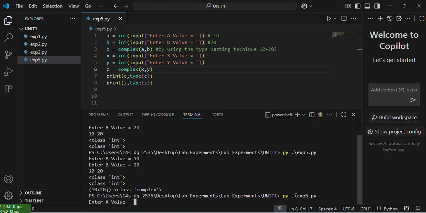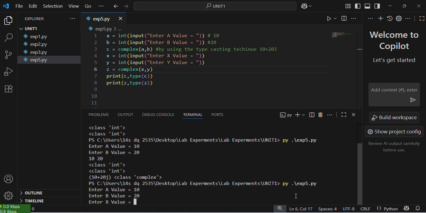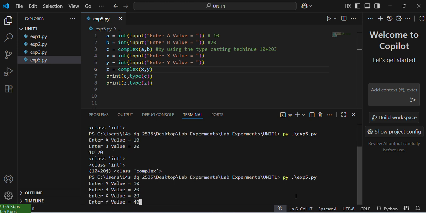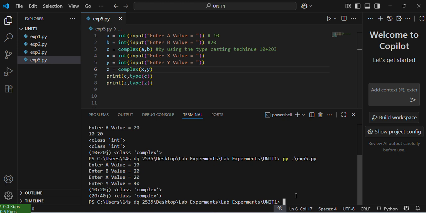Run the Python program with a equal to 20, b equal to 20, x equal to 20, y equal to 40.